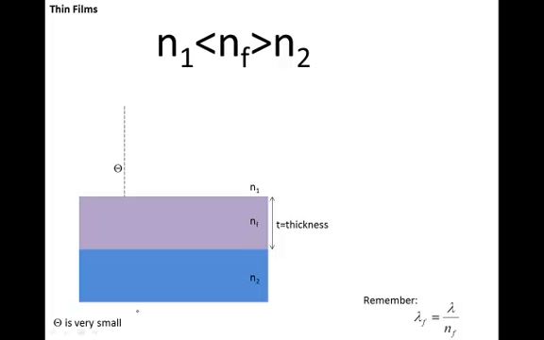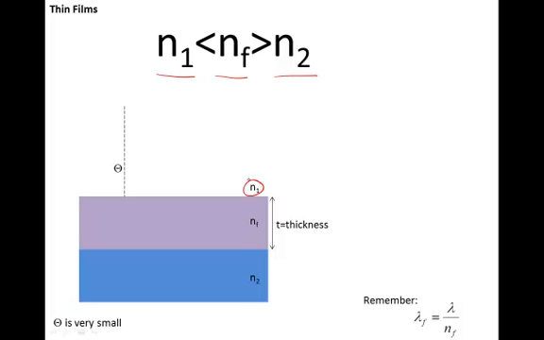So let's look at what happens when light goes from an index of refraction N1 that is less than the film's index of refraction, and the film's index of refraction is greater than the index of refraction N2.